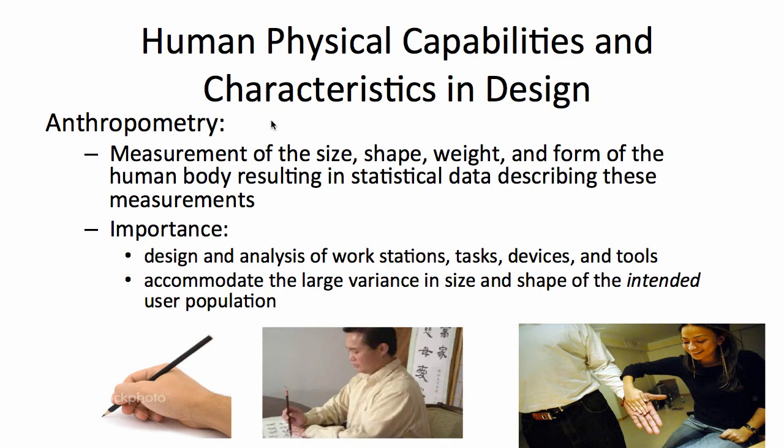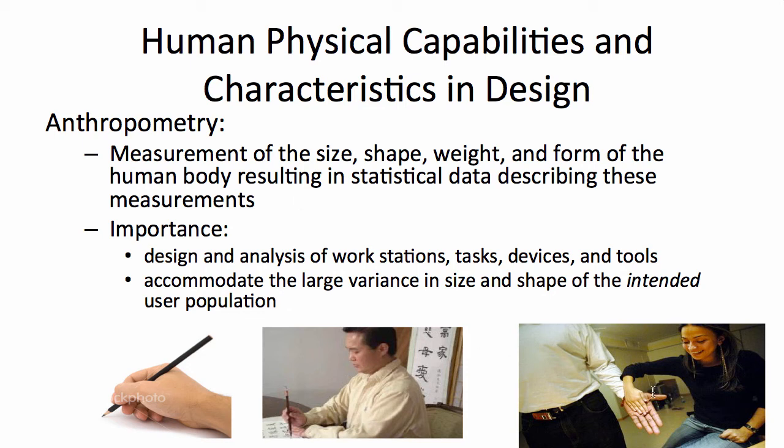Another factor to consider in designing controls and displays is the human themselves, the human's physical capabilities. Anthropometrics is a science that looks at measurements of groups of humans so that you have some statistical data describing the typical size or shape or weight of a human or how much force they can put out, so that you can think about what your intended user population is and what size or force you might put into the controls.